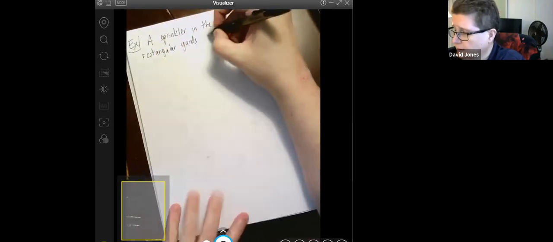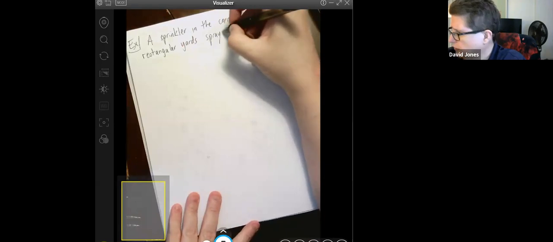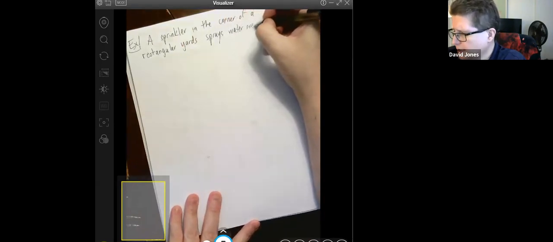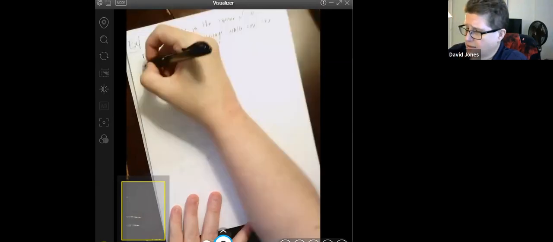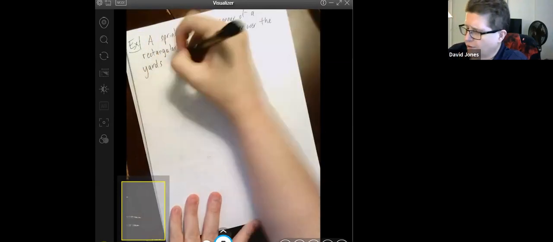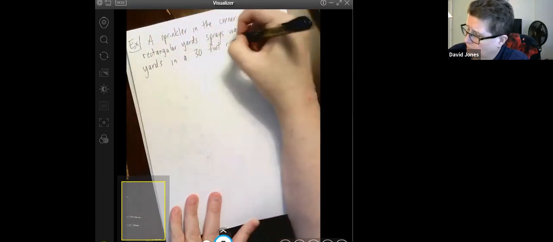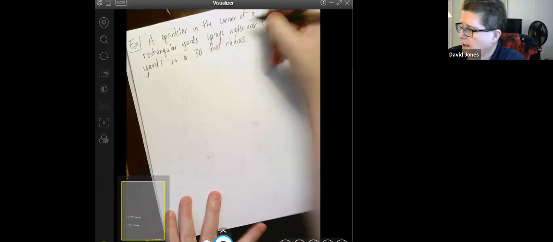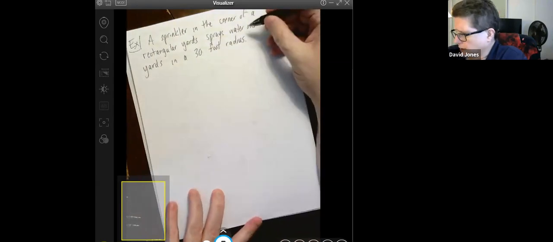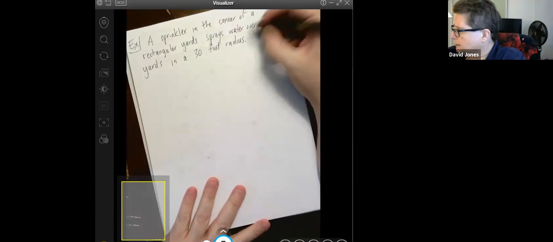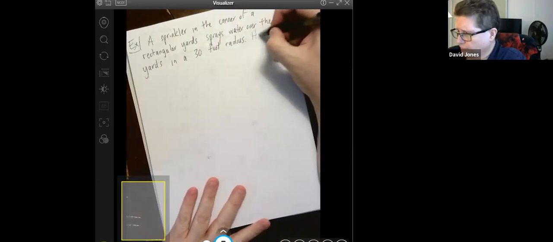It sprays water over the yard in a 30-foot radius. And it doesn't spray anywhere else. Say it's concrete in the driveway, and it's aimed to not get it on the concrete or the driveway. How much ground is watered?